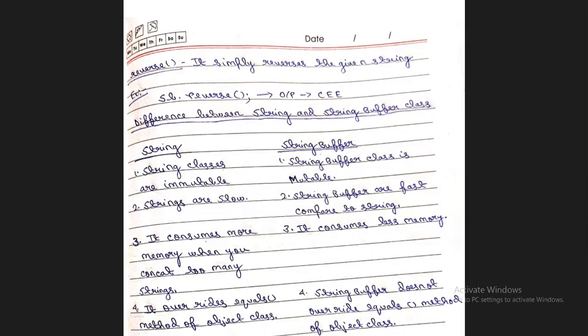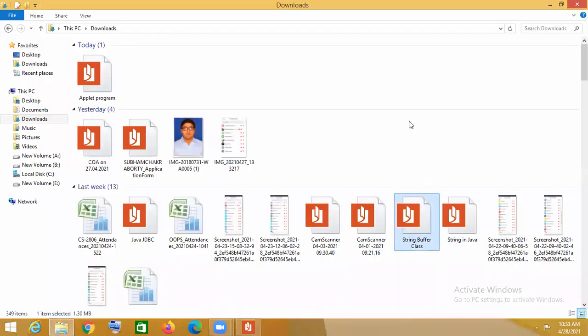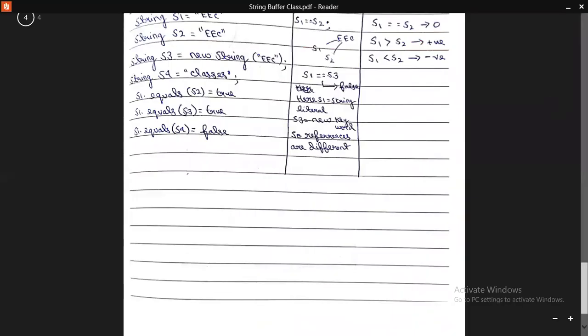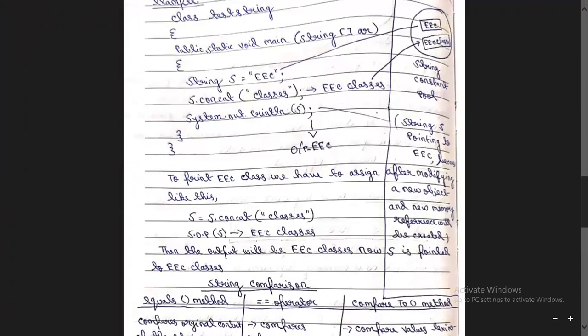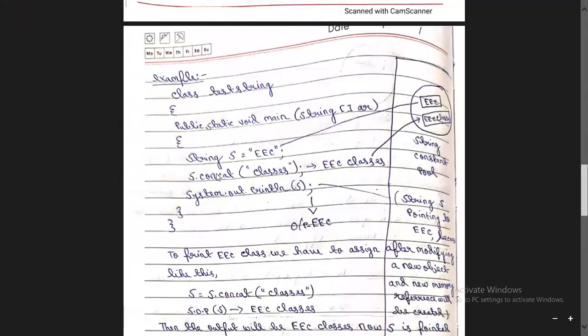But when you use concatenation, as I have shown in the previous class, I will show it again, so you can see why more memory is required for concatenation. Now if we see this example using a string literal, first I have created a string literal s equal to EC. Then JVM will check whether EC is already stored in the string constant pool or not.